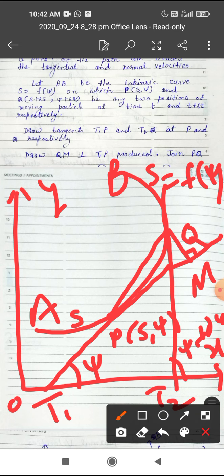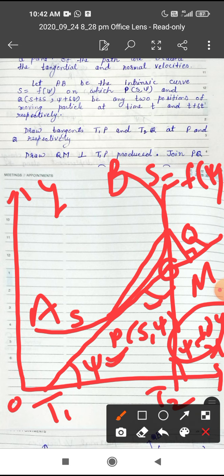So if we take this point as R, then this angle is equal to delta psi, as the exterior angle psi plus delta psi is equal to this angle psi and the addition of this angle.